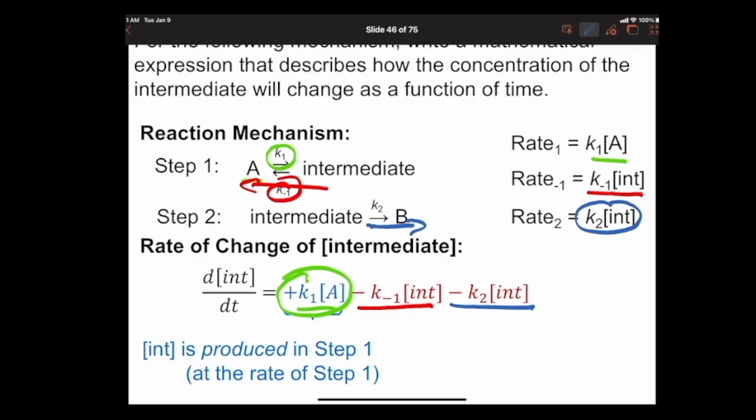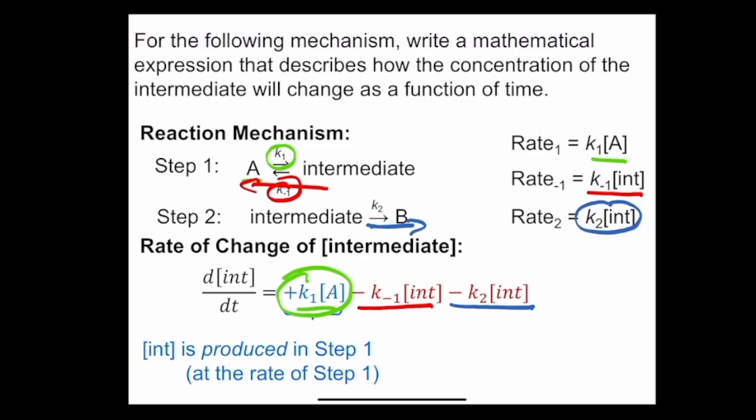The steady state approximation just says, look, things are crazy, but I'm going to assume that this here is equal to 0. Not that the intermediate concentration is 0. That's not what we're saying. We're saying that whatever intermediate is there, its relative change or its concentration over time remains constant.